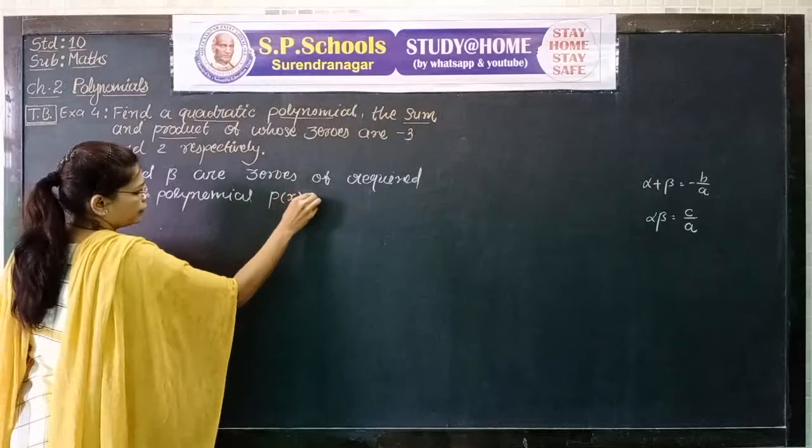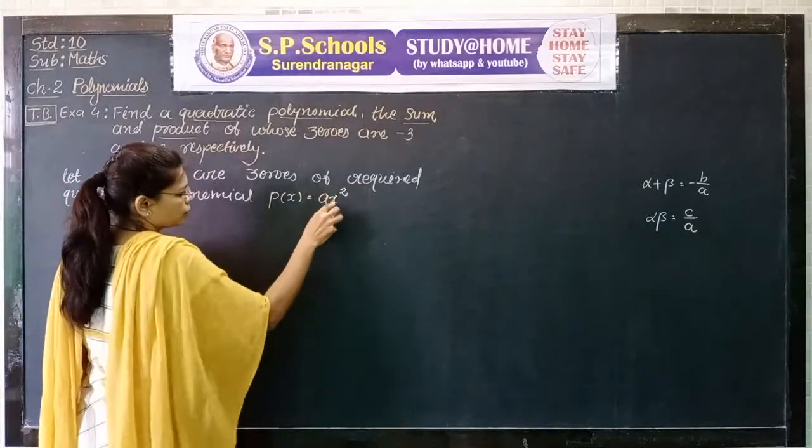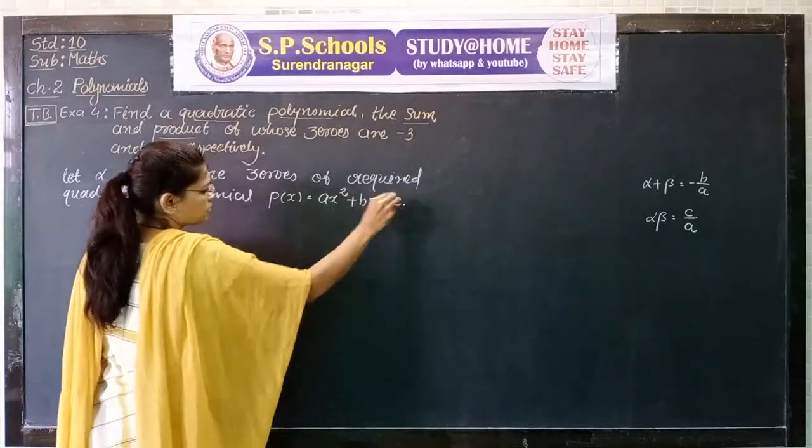We know the standard form of a quadratic polynomial: p of x is equal to ax square plus bx plus c.